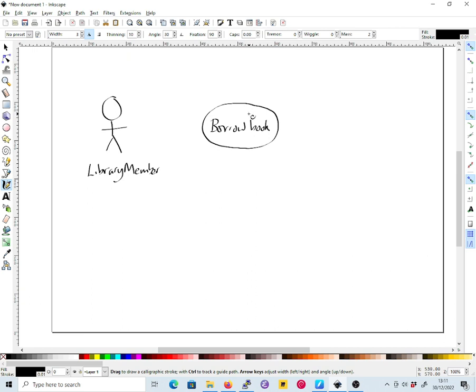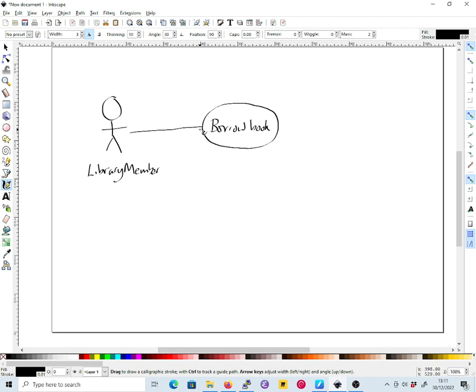And because the functionality of borrowing a book may involve the library member, there may be some library member who wishes to borrow a book and interacts with the system to do so, we connect those two using a solid line, which is an association. Now, this is our first correct, complete UML use case diagram.